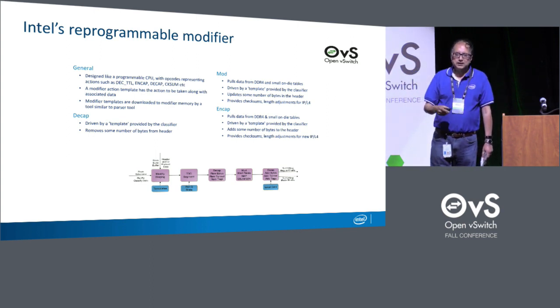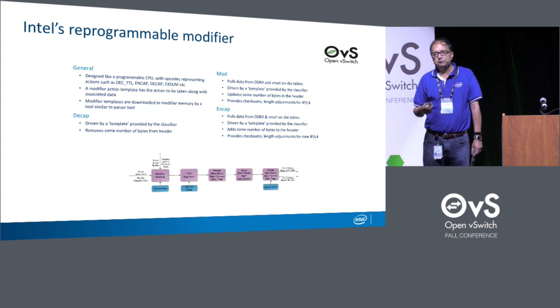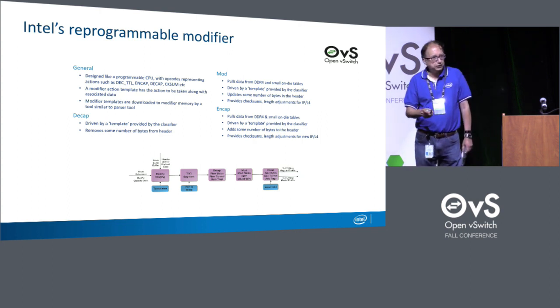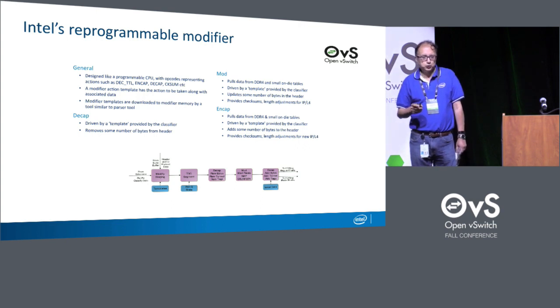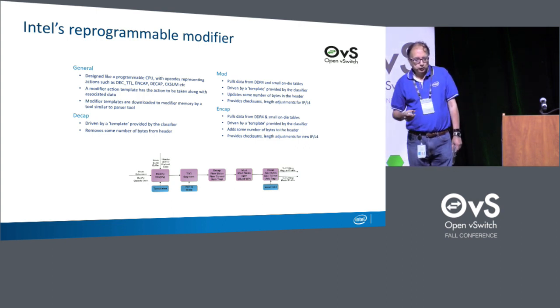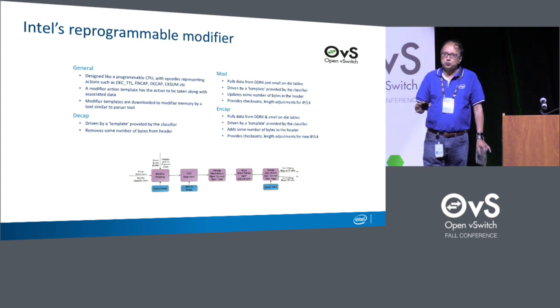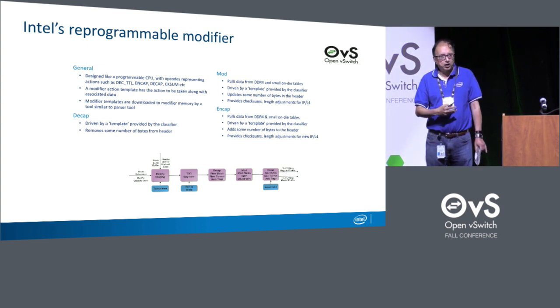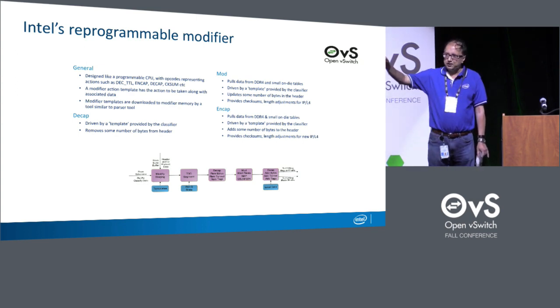Along with the parser, another thing that needs to be reprogrammable is the modifier. This is the entity that actually makes changes to the packet. It's two very different design philosophies. We design the parser like a generic state machine worker that can take its behavior from tables downloaded in memory.